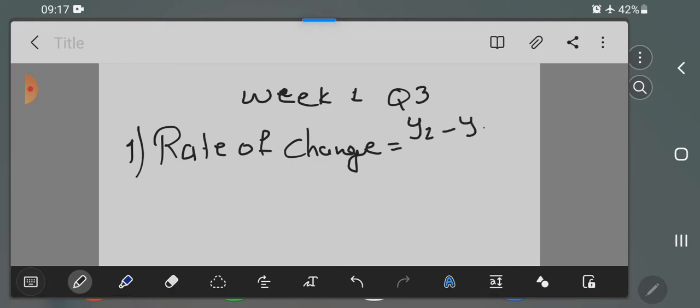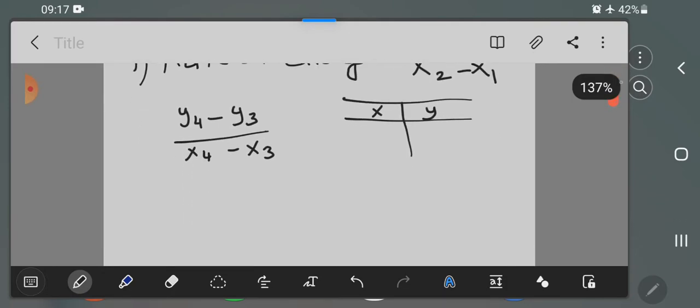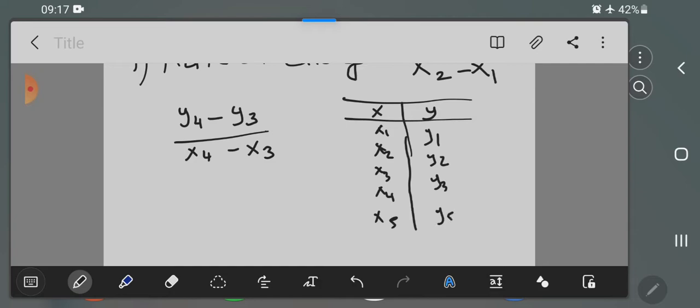y2 minus y1 over x2 minus x1. And you can say also it's y4 minus y3 over x4 minus x3. By that we mean we have here x and y, x1, x2, x3, x4, x5, y1, y2, y3, y4.